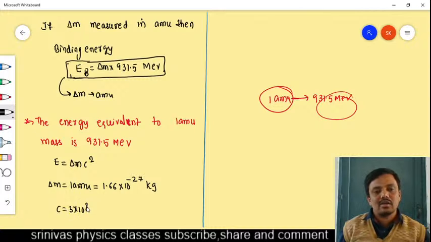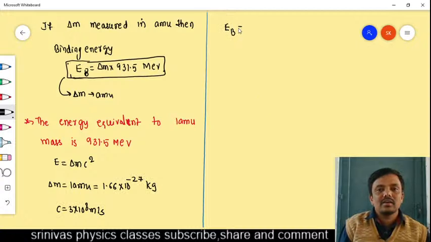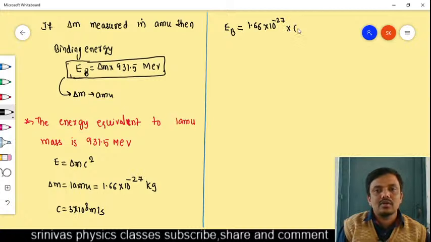You substitute all these values in the above equation and you will get the binding energy: delta M is 1.66 into 10 to the power of minus 27 kg, into c square, 3 into 10 to the power of 8 whole square.